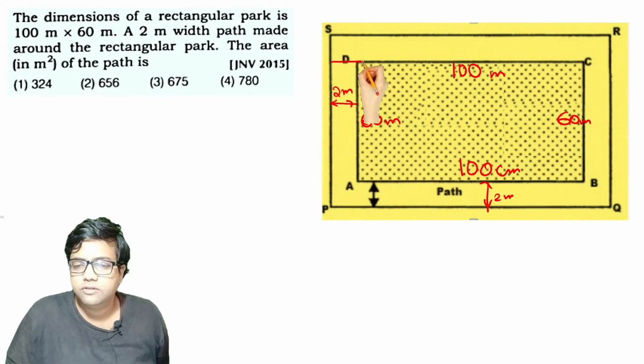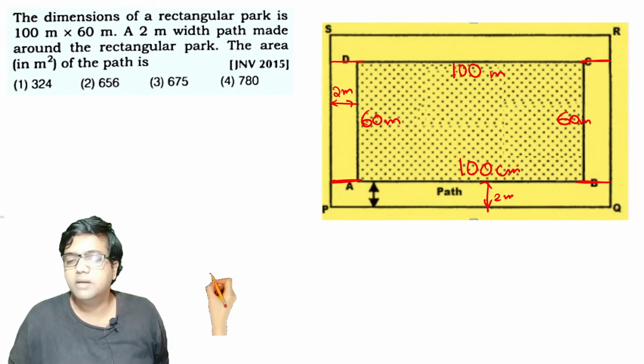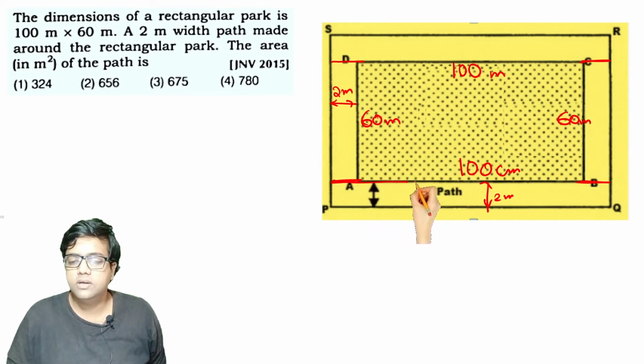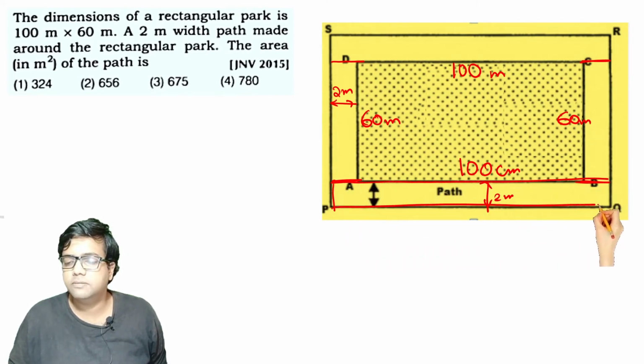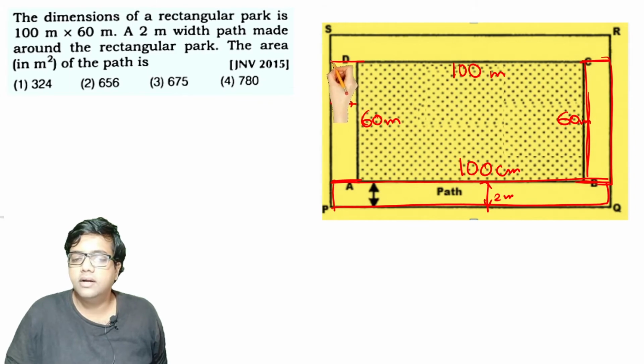To find the area of the path, we will make it into rectangles so that it becomes easier for us to calculate. What will be the area of this rectangle which is formed from this path? Add this rectangle also and the above rectangle also.